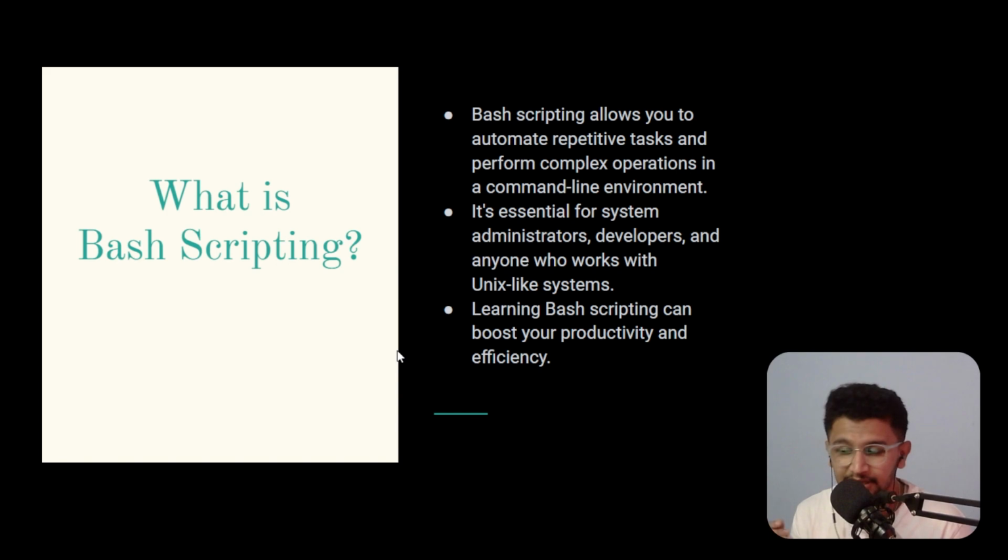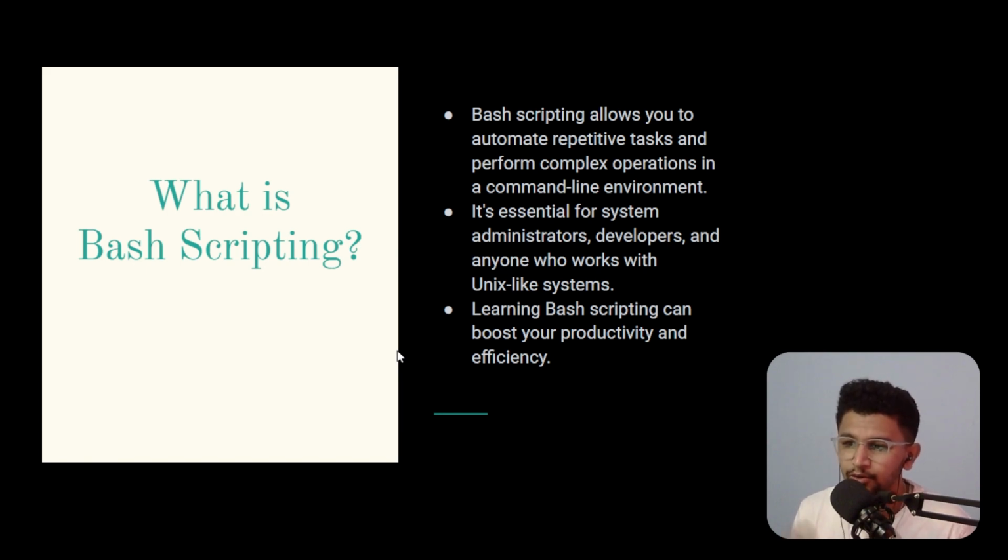Many things are the same as in a programming language, but the syntax is totally different, though the meaning is totally the same. An if means if, but the syntax is different from any other programming language. It is essential for system administrators, developers, and anyone who works on Unix systems.